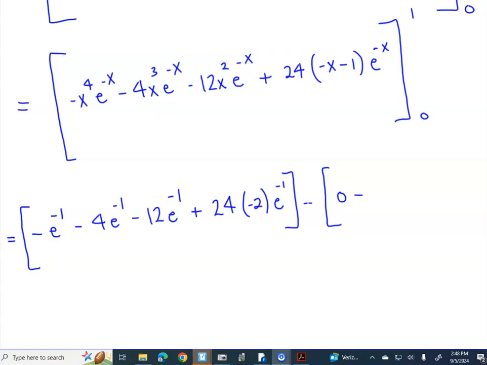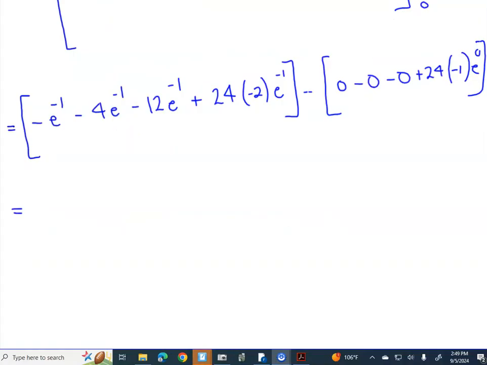Plug in 0 for the next one, we get 0. Plug in 0 for the next one, we get 0. And then this is going to be plus 24 times 0 minus 1, which is negative 1, and that's e to the 0.